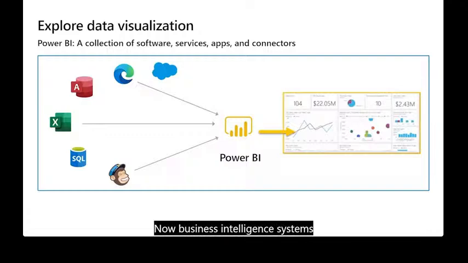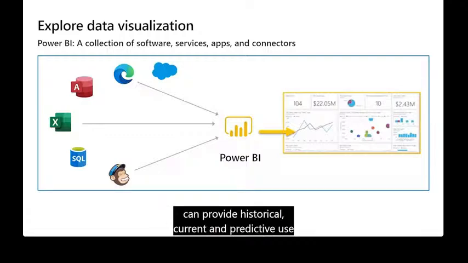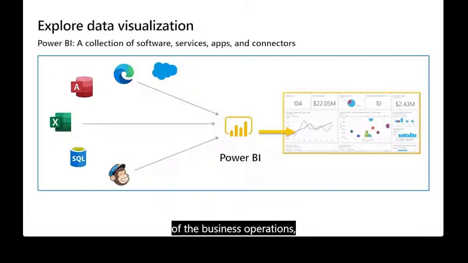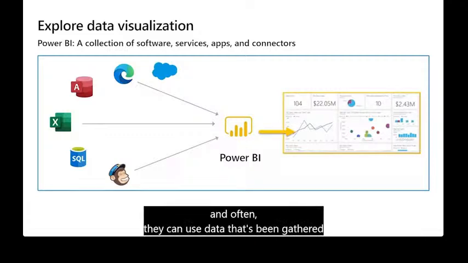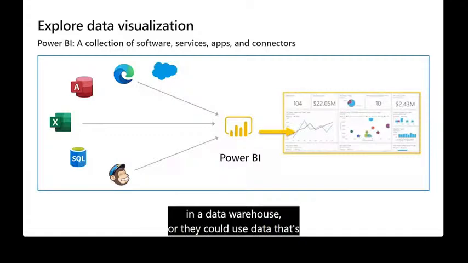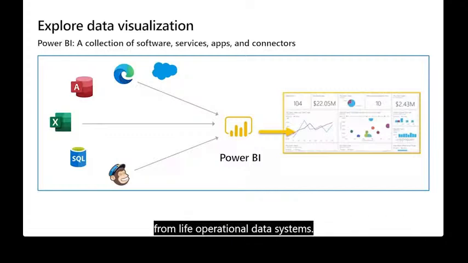Now, business intelligence systems can provide historical, current, and predictive views of the business operations. And often they can use data that's been gathered in a data warehouse, or data from live operational data systems.